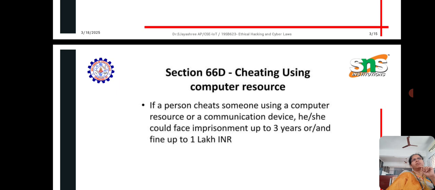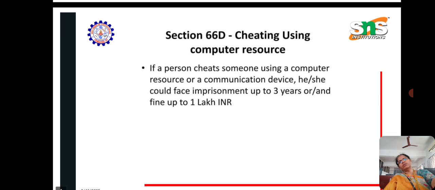If a person cheats someone using a computer resource or communication device, such as a mobile phone, then he or she could face imprisonment of up to 3 years or a fine of 1 lakh rupees. Based on the crime, sometimes both imprisonment and fine will be awarded. This is section 66D.